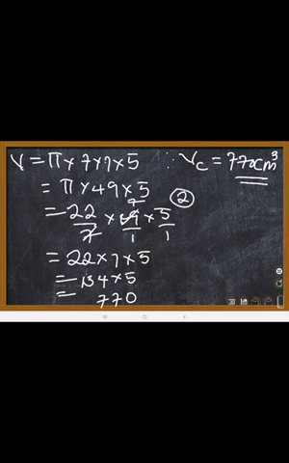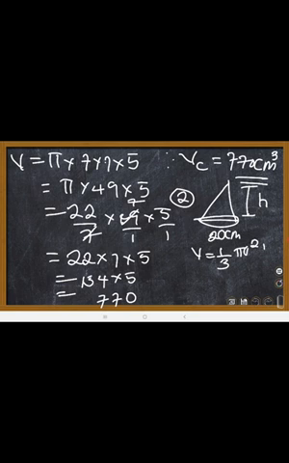Example 2. Find the volume of a cone whose height is 7 centimeter and diameter 20 centimeter. So the volume of a cone is 1 over 3 base area times height. The radius is 20 over 2, which is 10 centimeter, and the height is 7 centimeter.